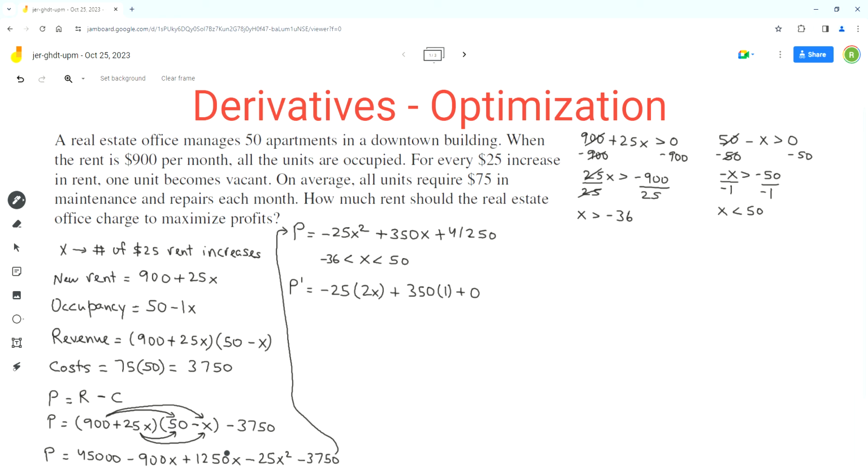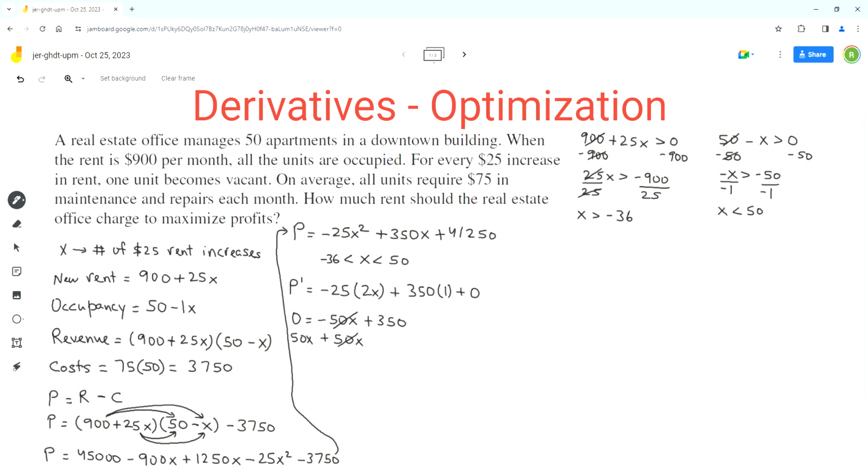Now we have to find the x values at which the tangent is horizontal, because at peaks the tangent will be horizontal. So we set p prime equal to 0, and then negative 25 times 2 is negative 50x plus 350. So now we have to solve for x. So we add 50x to both sides to move 50x to the left side of the equation.